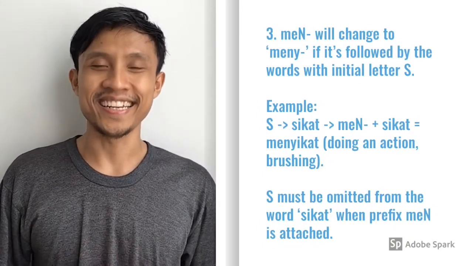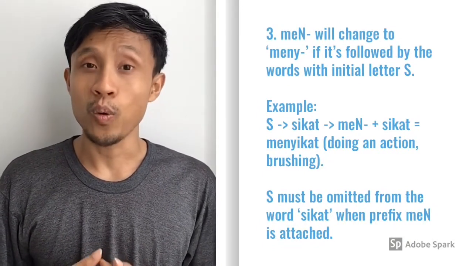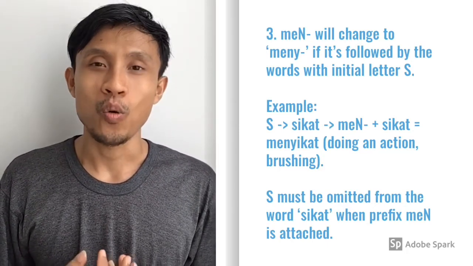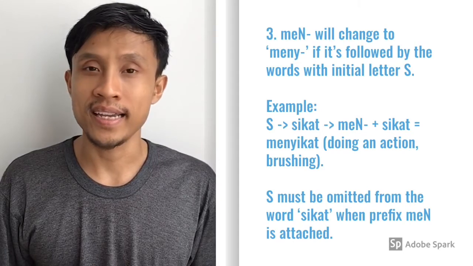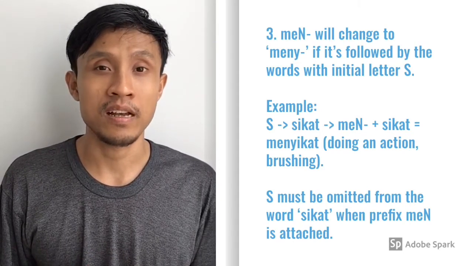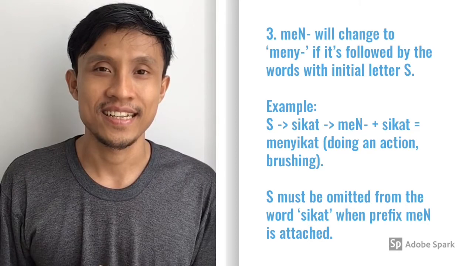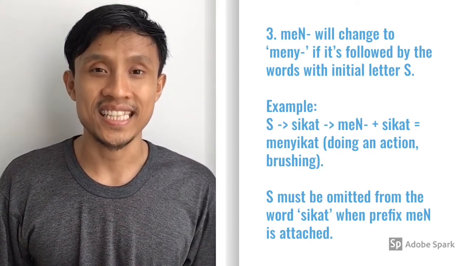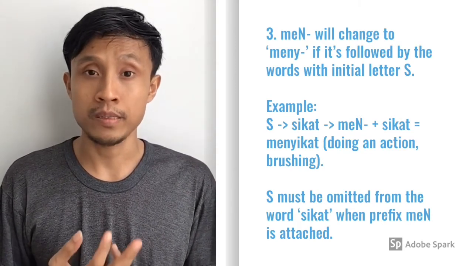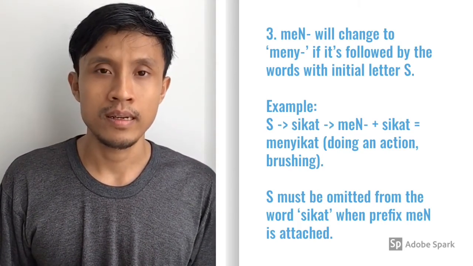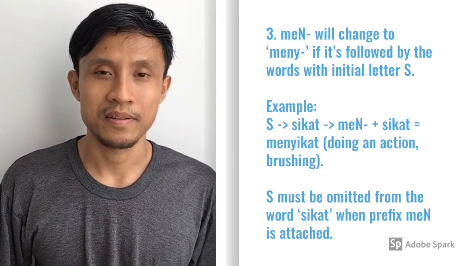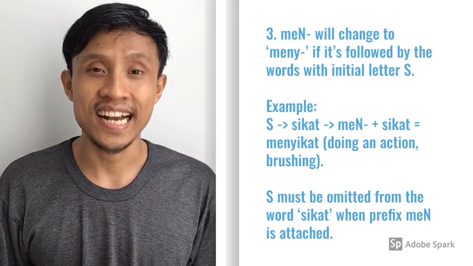Okay. Rule number 3: me will change to meng when it's followed by the words with the initial sound S. For example, S, sikat, we put prefix me before the word, becoming menyikat.